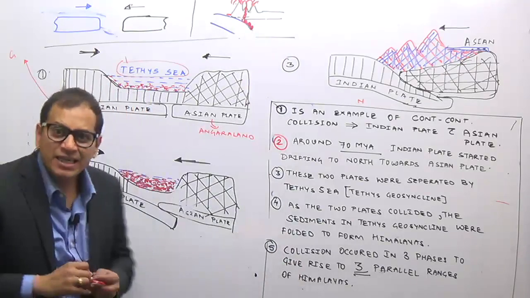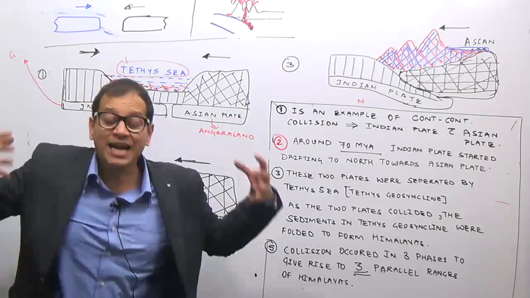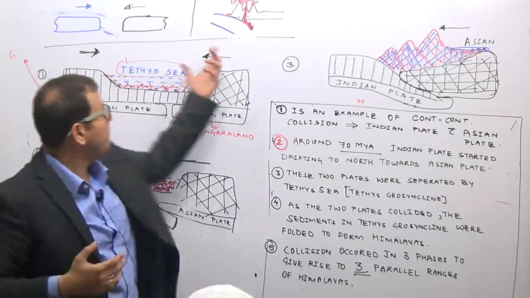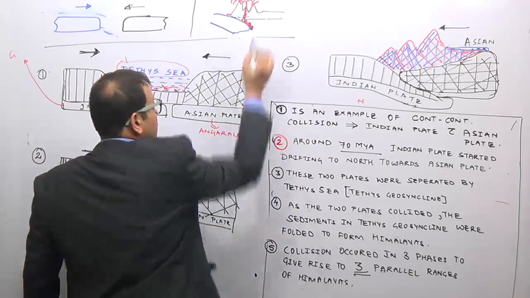So for volcanic eruption, one plate has to be very dense, the oceanic plate, and the other plate has to be lighter, that is the continental plate. When such plates come together, the denser plate goes deeper into the mantle. Why?